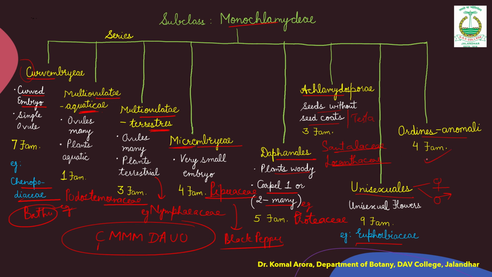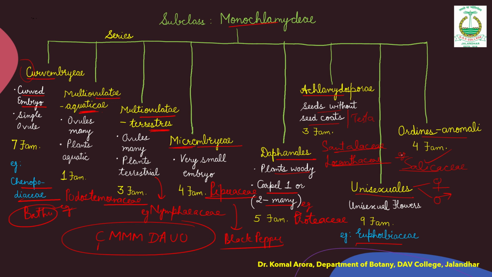They were kept under Ordines Anomali. You can learn one example of the family Salicaceae, to which Salix alba belongs, which is commonly called willow. So you have to remember at least the name of one family as an example for that series.